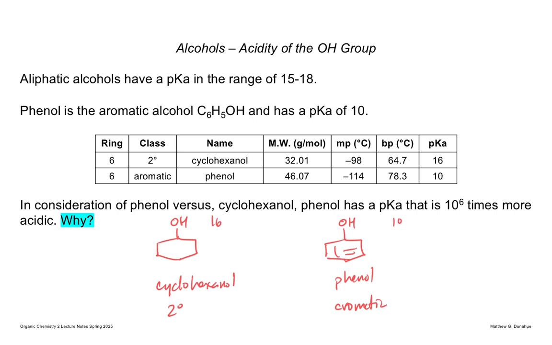So cyclohexanol is a secondary alcohol. Phenol is an aromatic alcohol. And the difference between them is a pKa of 16 versus 10. So the question you have to answer is, they both have OH, but the phenol is 10 to the 6 times more acidic than cyclohexanol.